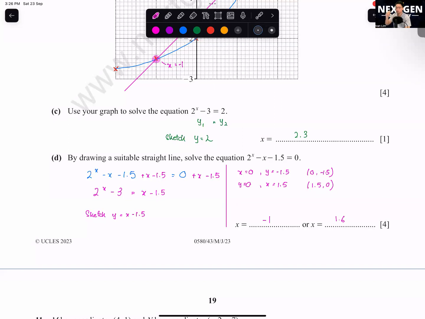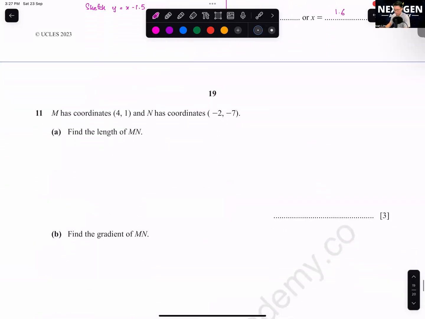Okay, last two questions. M has coordinates 4, 1, and N has coordinates -2, -7. Find the length. Okay, what's the formula of length? Length is square root x2 minus x1 square plus y2 minus y1 square.